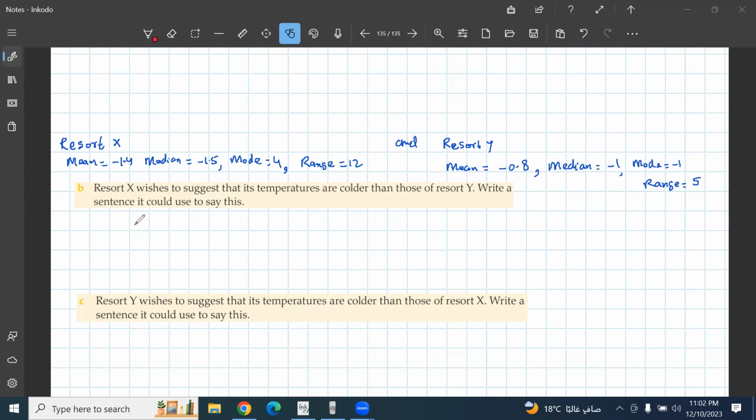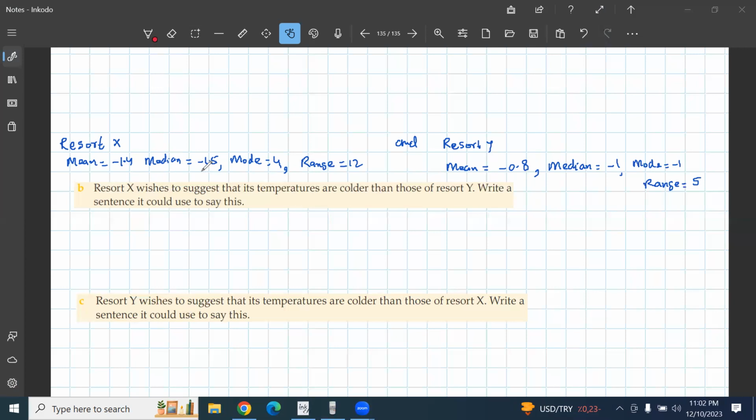So look at which average, basically mean, median, mode represent the averages. Which average helps us to give the answer for X, to suggest that the temperatures are colder? If you check carefully, the resort X mean is negative 1.4, and here we have a mean of negative 0.8. So negative 1.4 is colder on the basis of mean. What else?